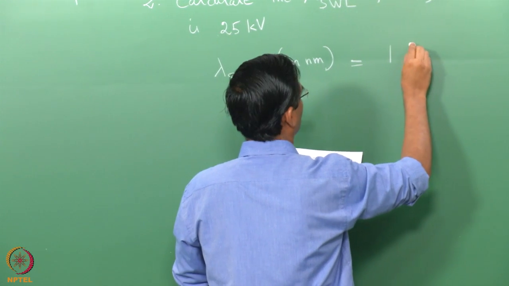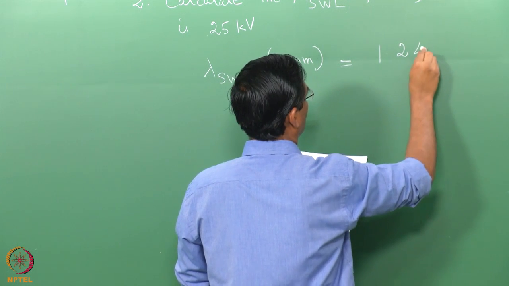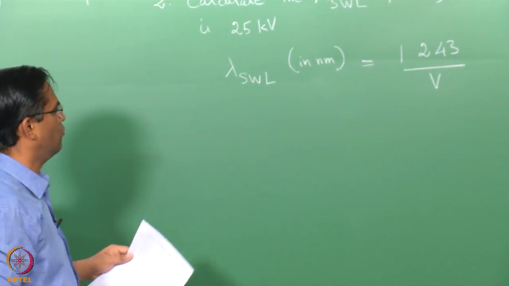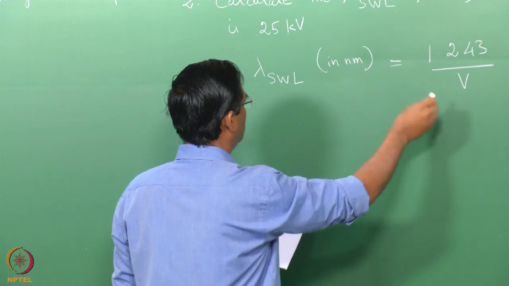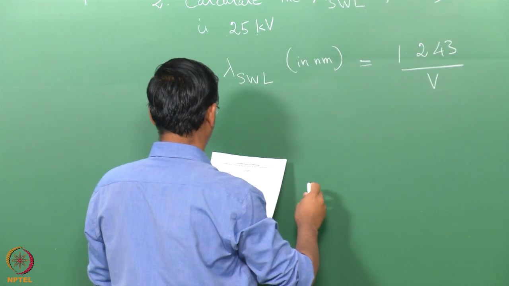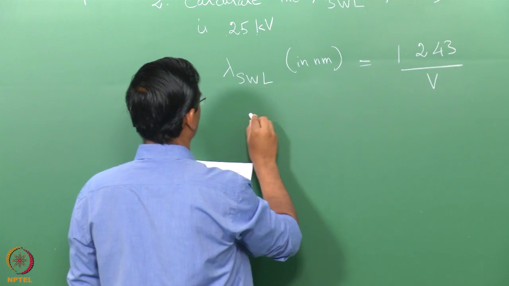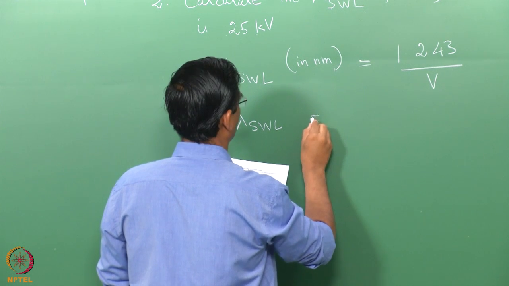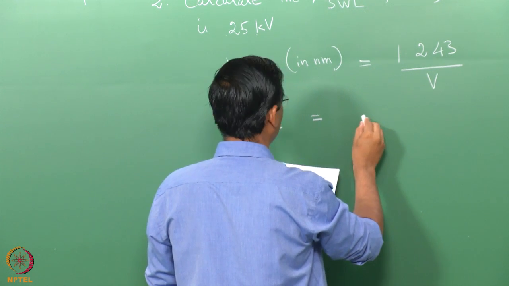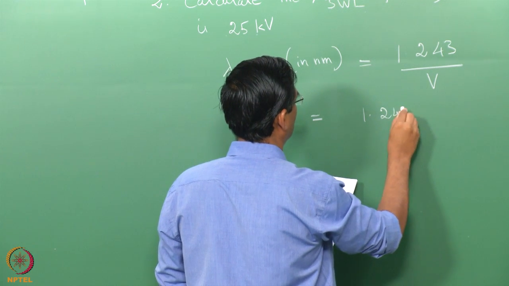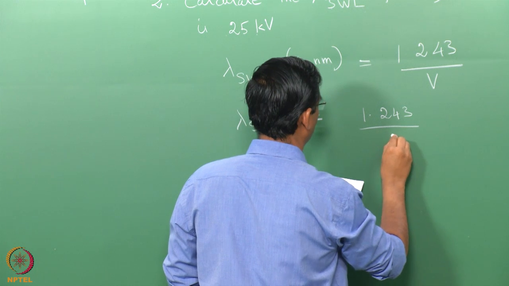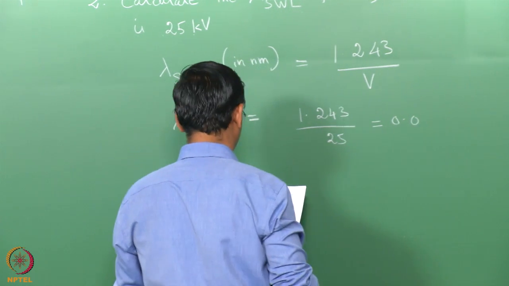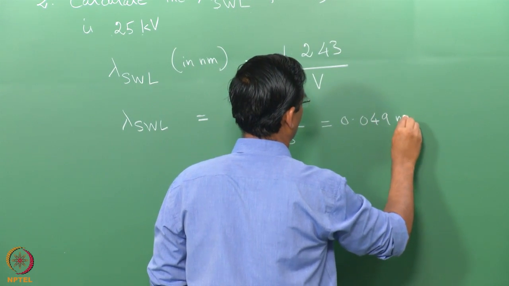This is an approximation: 1.243 by V. So, you have voltage given. Simply substitute this value here, and then you have lambda SWL is equal to 1.243 divided by 25, which is equal to 0.049 nanometer.